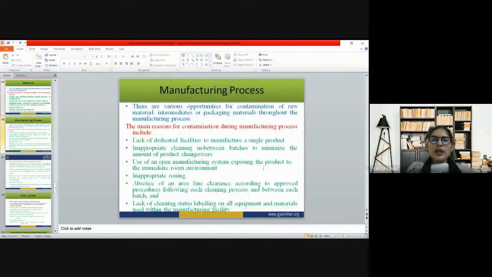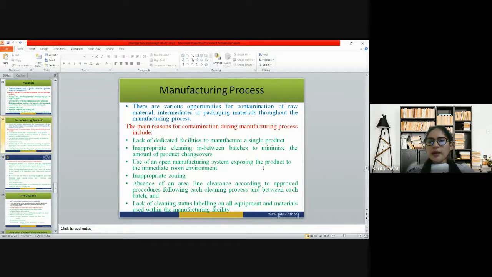Now, the next is the manufacturing process. There are various opportunities for contamination of raw material, intermediates or packaging material throughout the manufacturing process.